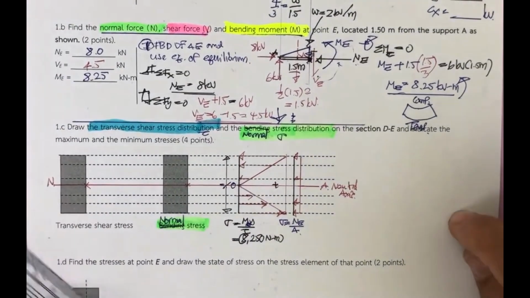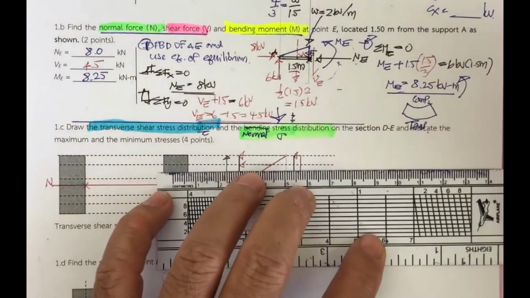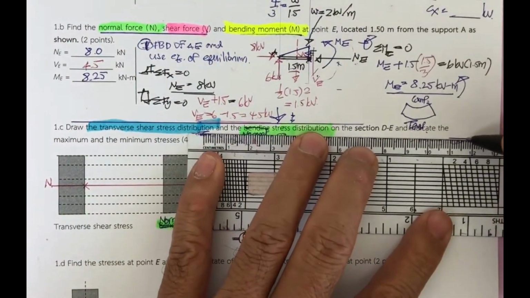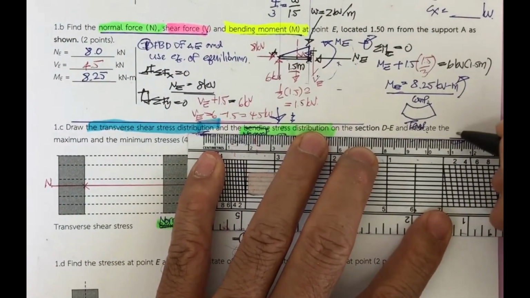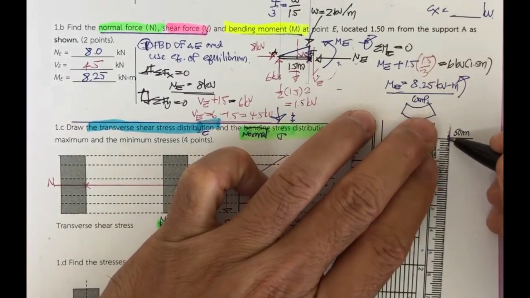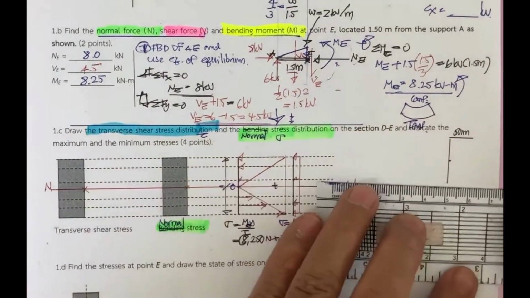Okay, same one of what? We have the section. If you recall from what we have on the top, just put it over here to be the reference. This is going to be 50 millimeter, and the depth is going to be 100 millimeter. Half of this is 50 and 50.